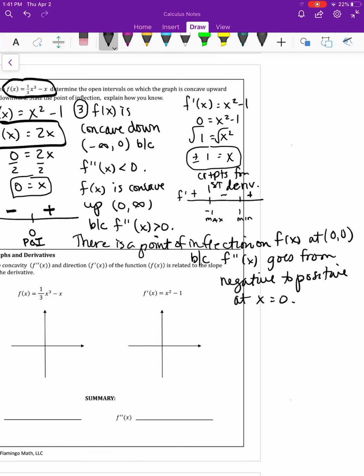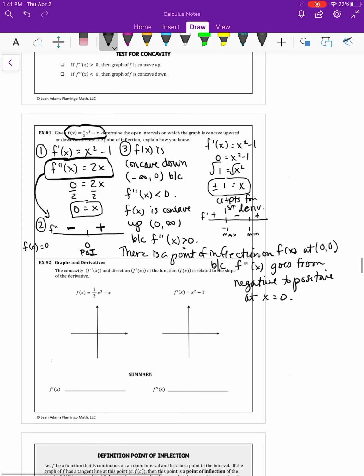Okay, so we're saying that we know there's a point of inflection because the second derivative is changing signs at that x equals 0. And so I found out what the y value was by going back to my original function. So that is exactly how you would write it on the AP exam, and of course what I'm going to be looking for.